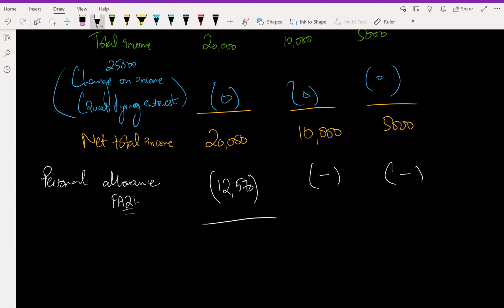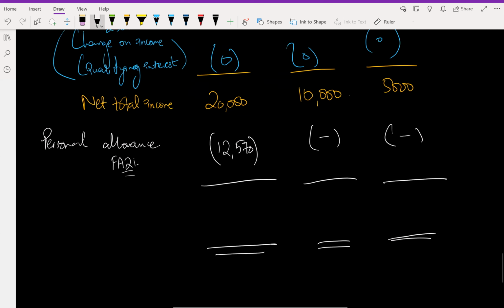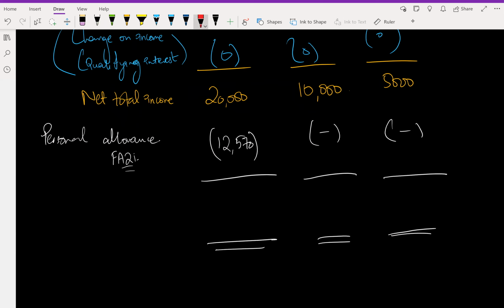Okay. Now, the figure that you get over here is called the taxable income. Now for this, if I calculate 20,000 minus 12,570, 7,430.